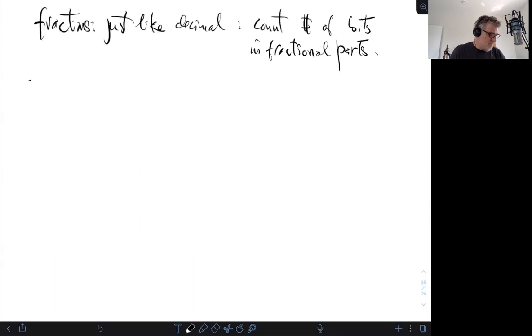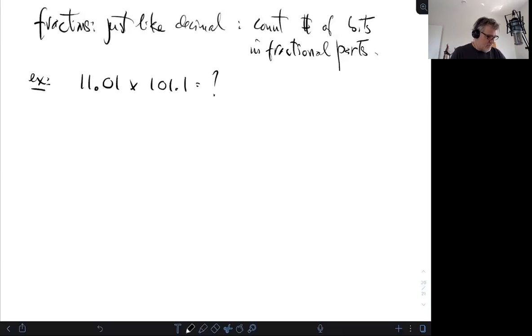So let's do a small example. Let's say I'm asked to do 11.01 times 101.1. Okay, so how does this work? You forget about the binary point, you multiply, and at the end, you put your binary point in the right place.